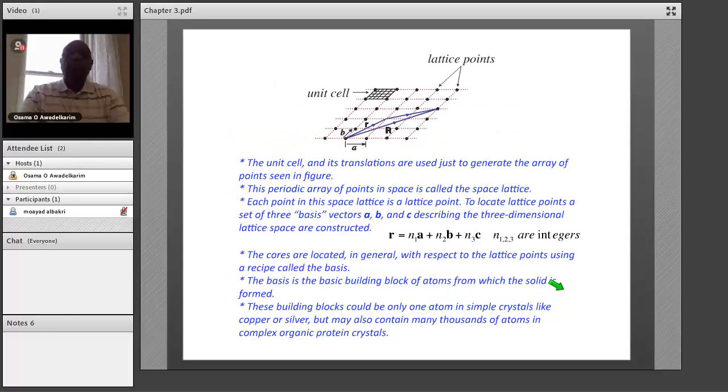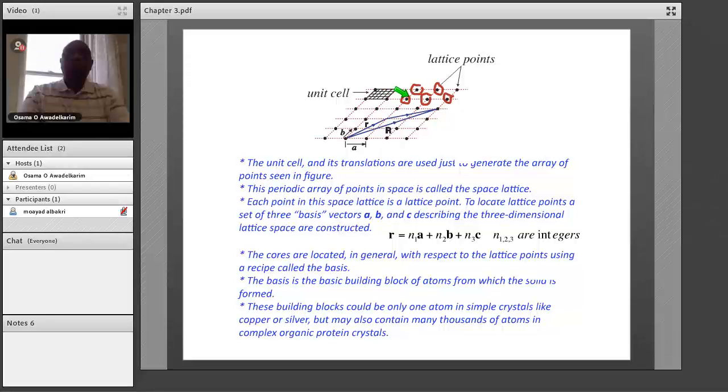Now, to form a solid, we have to place a core. A core is one atom or a group of atoms in each lattice point. So for copper, for instance, we place one atom of copper regularly in these lattice points, and then we produce copper.